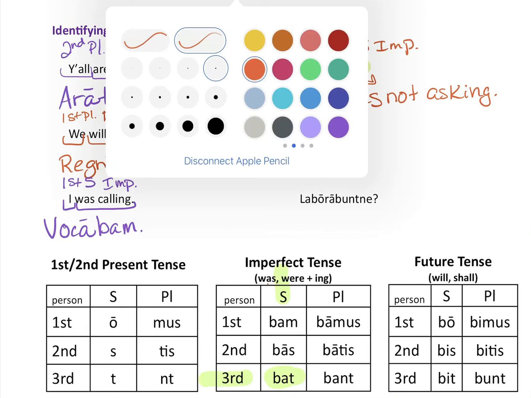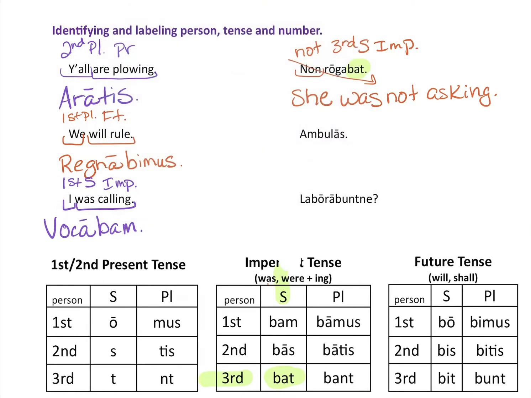All right, the next one, ambulabas. So, ambulas. We look at the ending. The ending is just an -s. That's it. And we go here. The only place it's just an -s is first and second present tense, and it's second person singular. So we know that it is second singular and present tense.